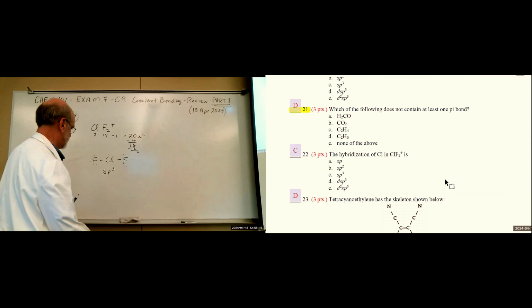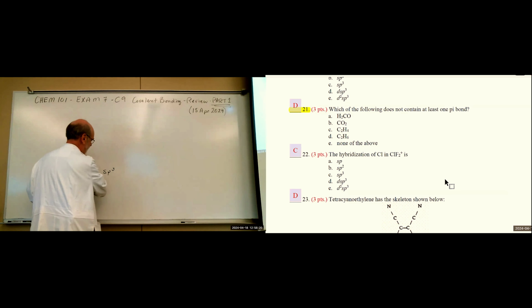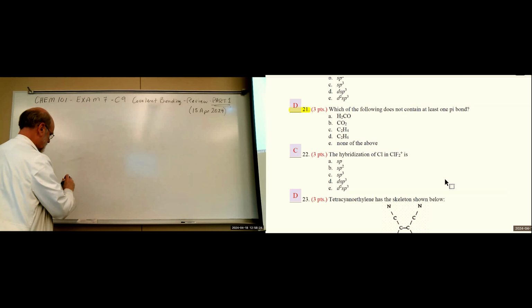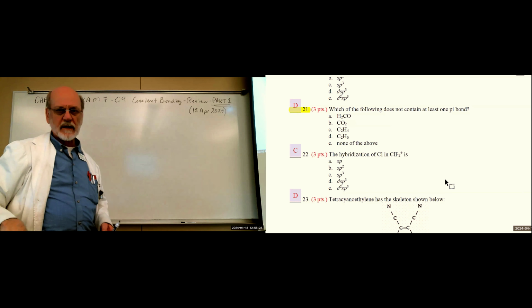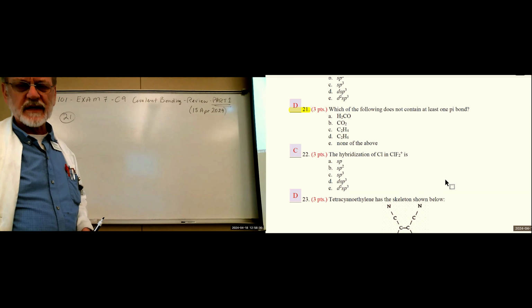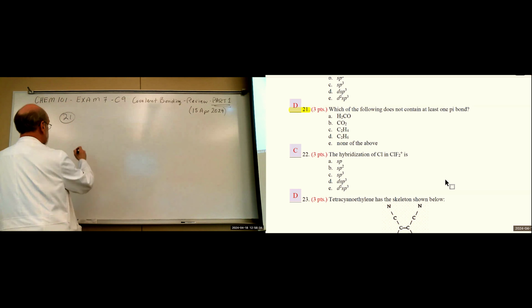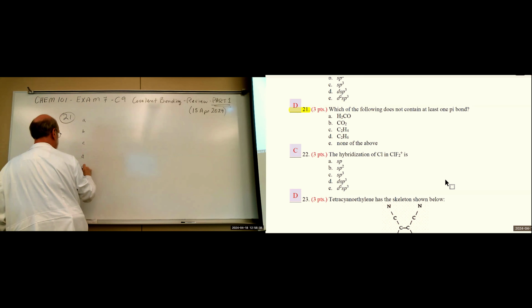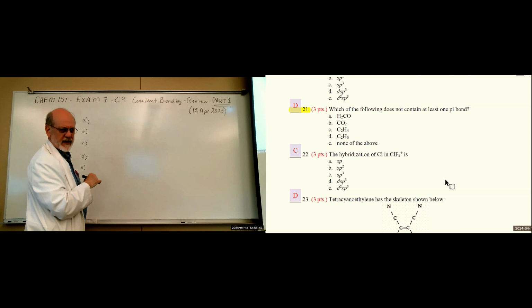All right, 21. Which of the following does not contain at least one pi bond? Okay. A, B, C, D, and E. All right, what's our first one? H2CO.